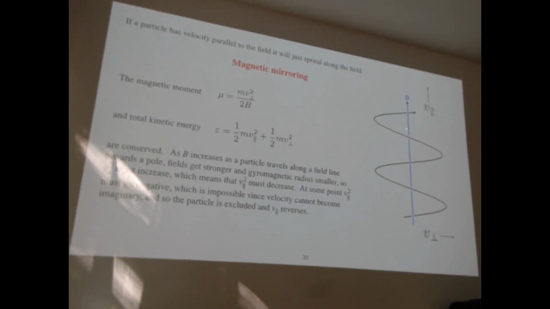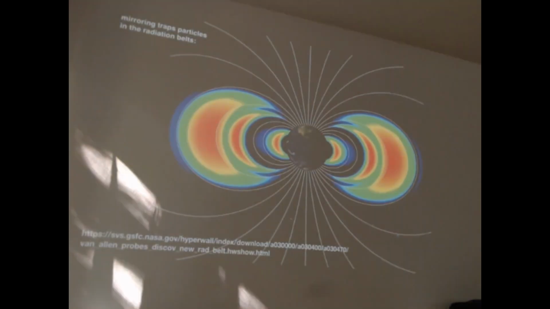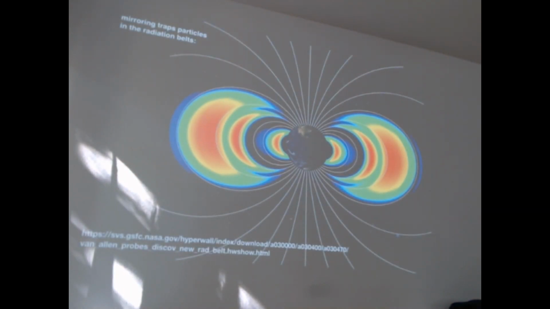So the kinetic energy along the magnetic field has to go down, and at some point it has to actually reverse. And so the particles get trapped in the magnetic field. And this is an actual picture from NASA's spacecraft that have been mapping the radiation belts.